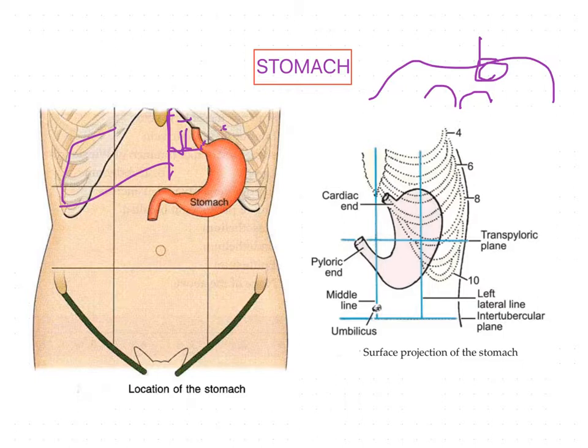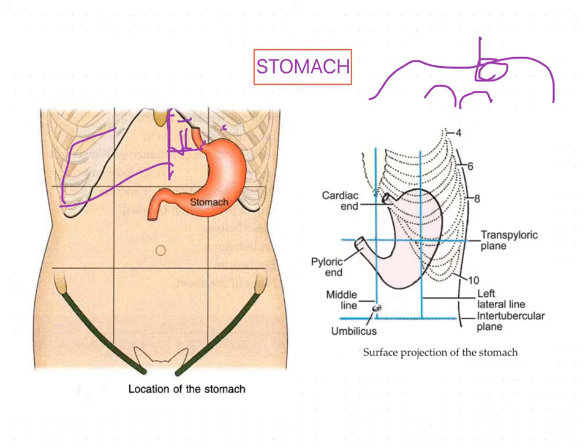Along with the esophagus, some of the vagal nerves, as I have already mentioned in the abdominal part of the autonomic nervous system, the anterior vagal trunk and posterior vagal trunk, also enter the abdomen along with the esophagus through the esophageal opening.